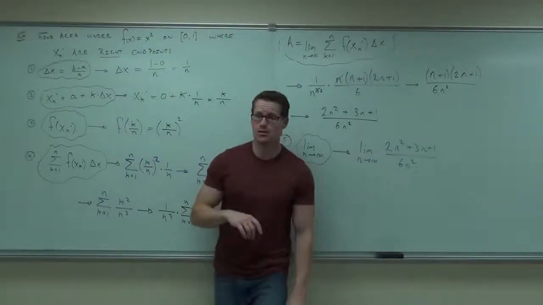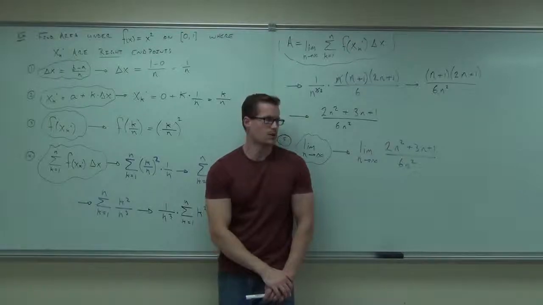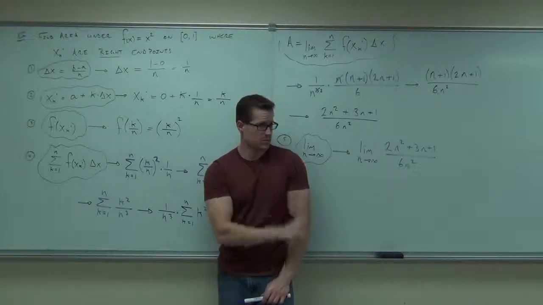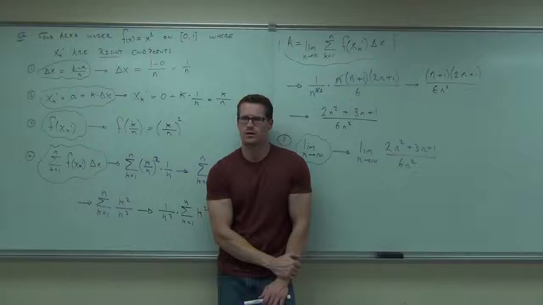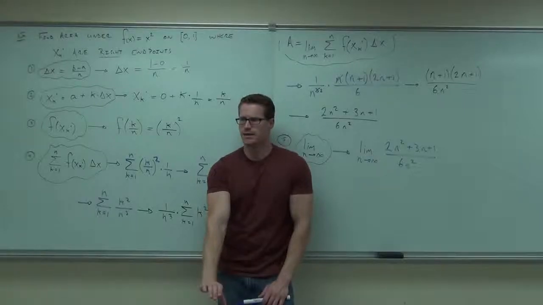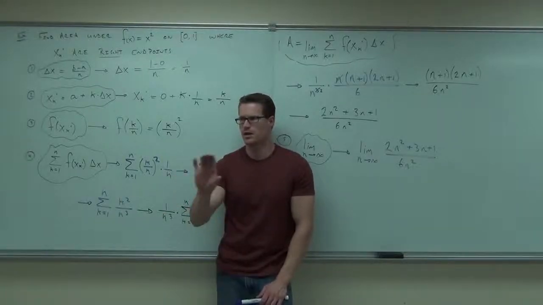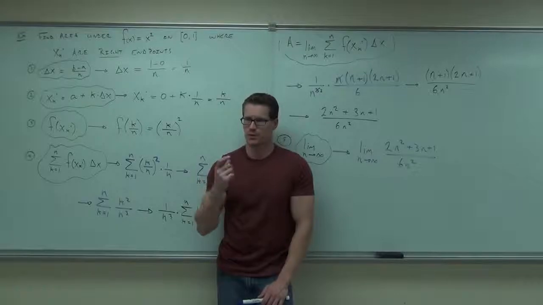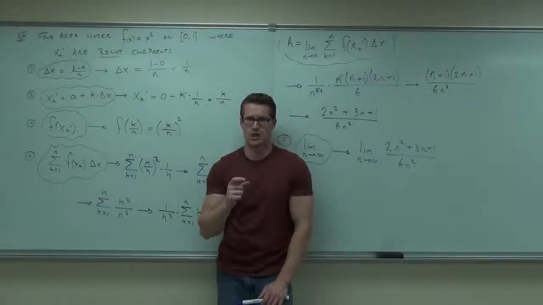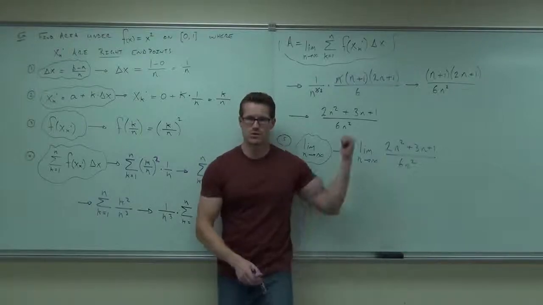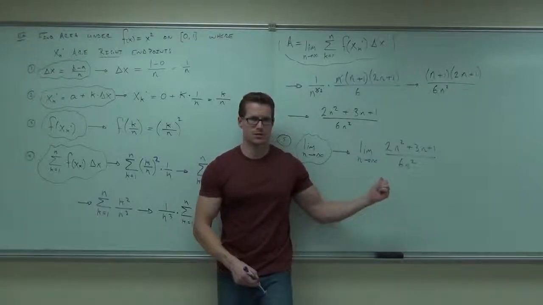What was the idea? Look at the largest power in the denominator, and you divide everything by it, right? In other words, you look at the leading coefficients. The leading coefficients are the coefficients of the terms with the largest power.